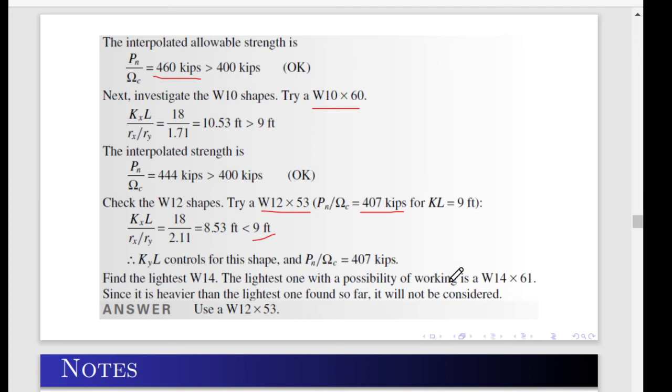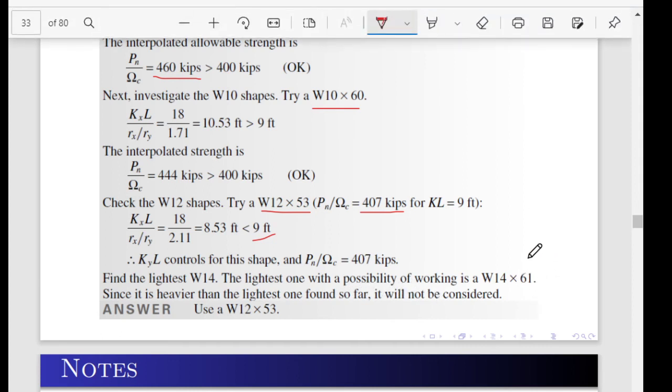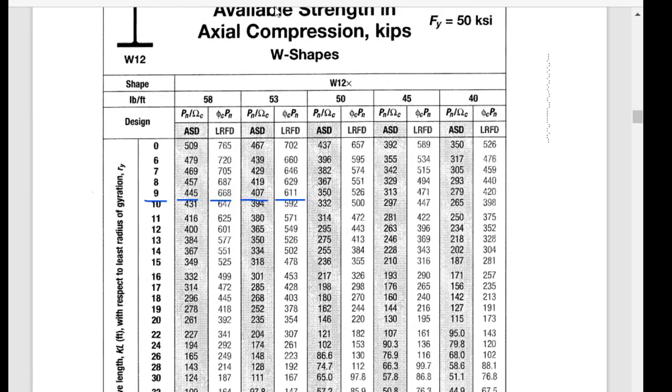The lightest one with the possibility of working is W14 by 61. Since it is heavier than the lightest one found so far, it will not be considered. So, we can just not solve it because this W14 is the last shape to check. If you look at it in the table, W14, we again assume the effective length of 9 feet.